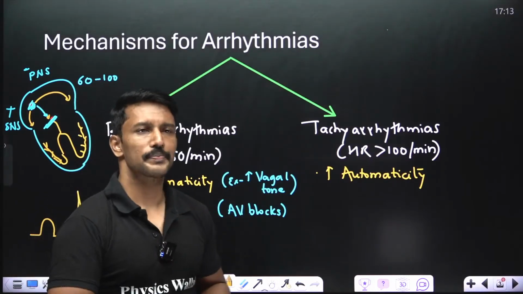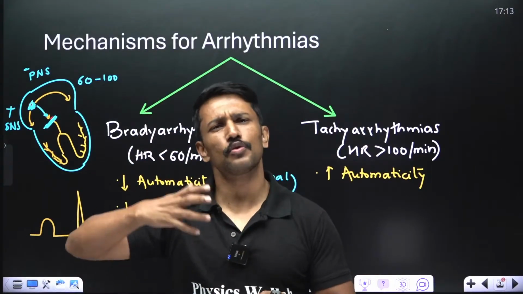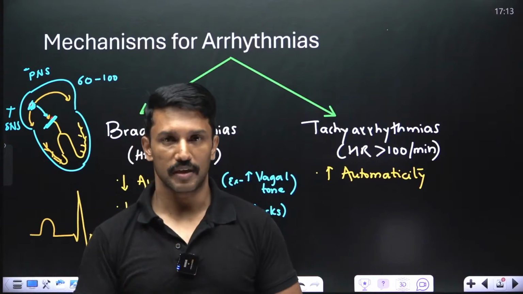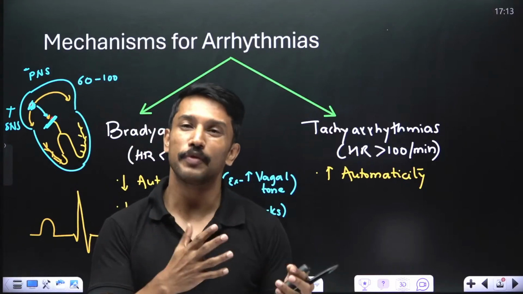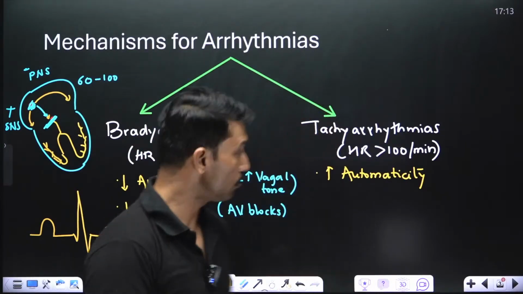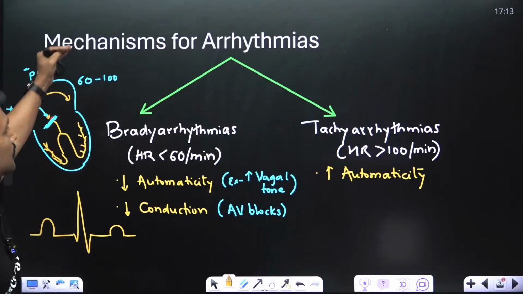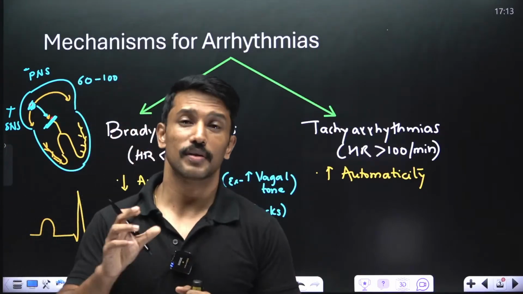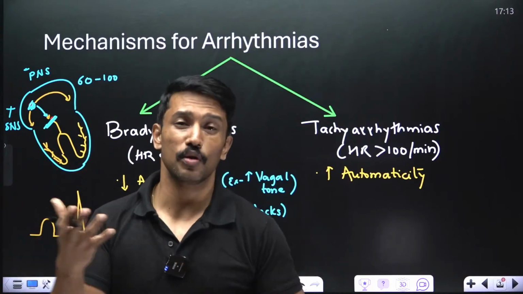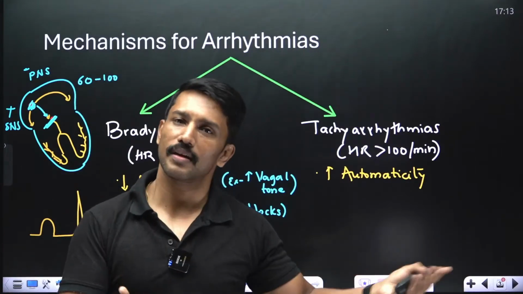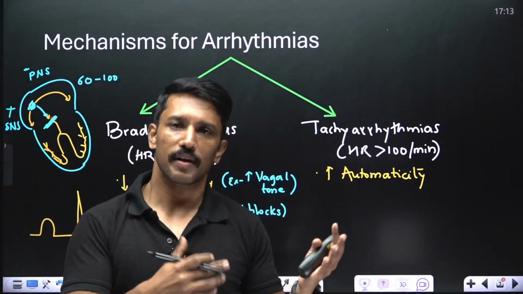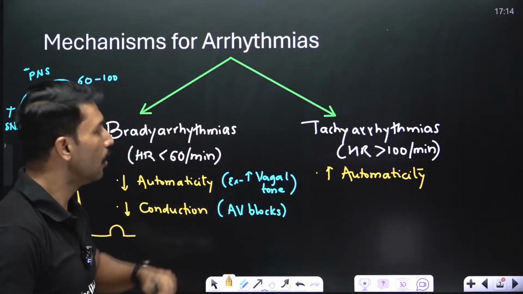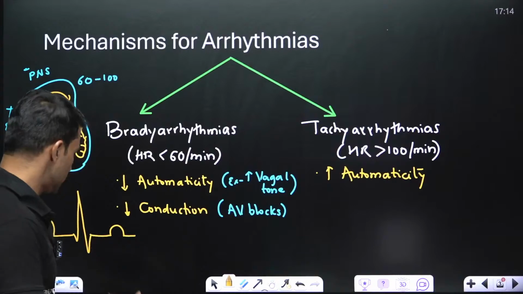For example, consuming too much coffee is known to trigger tachyarrhythmias. How? Because caffeine is a stimulant, right? So caffeine can stimulate your SA node to increase the automaticity. Cocaine can do the same thing, right? That is why these stimulant drugs are known to kill people when they are asleep. They take drugs, go to bed, then next morning they're found dead. One of the mechanisms is developing arrhythmias by increasing automaticity. Okay, so that is one.